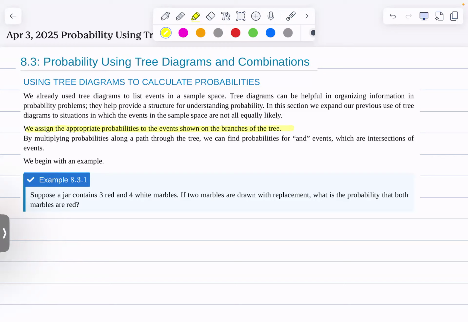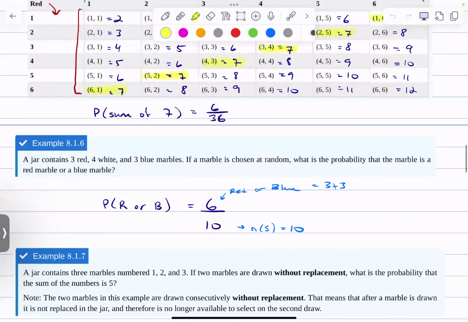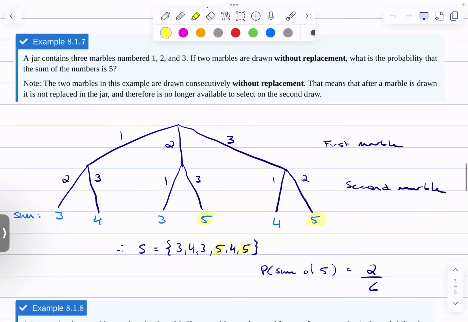Then, as we go down a tree, I'll just pull up a tree from last day. So we had a jar of 3 marbles labeled 1, 2, 3, and we set up our tree to represent drawing 2 marbles without replacement.